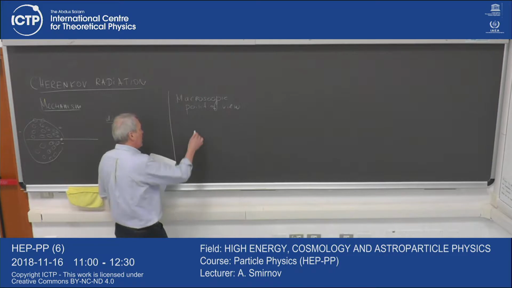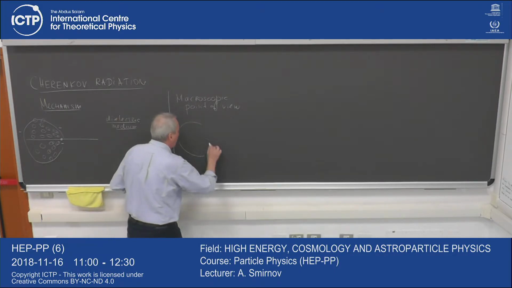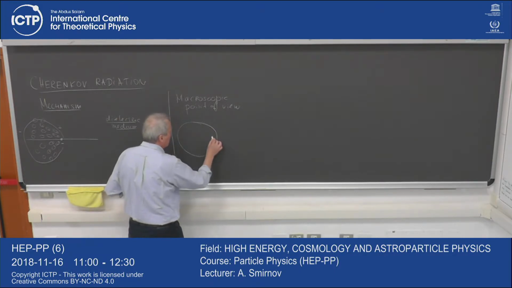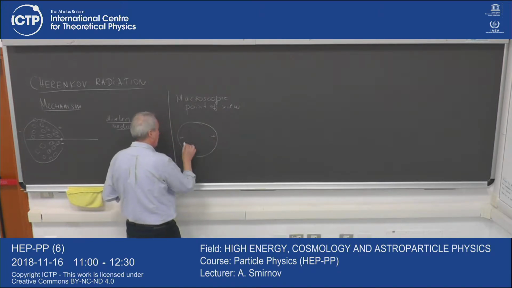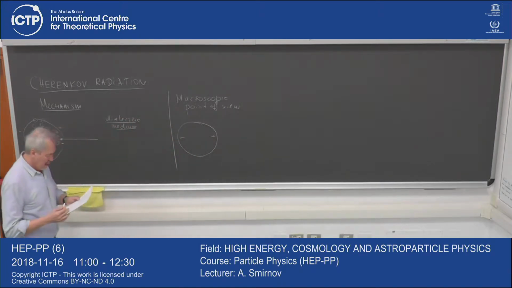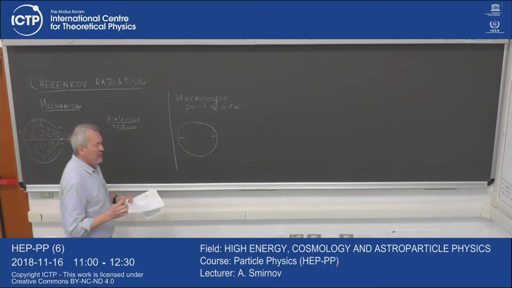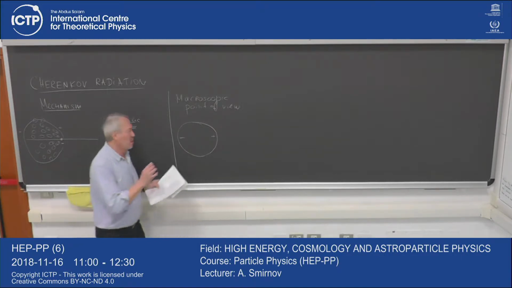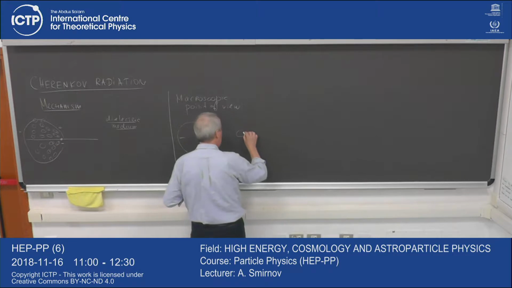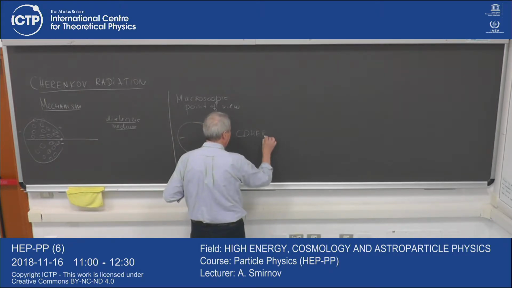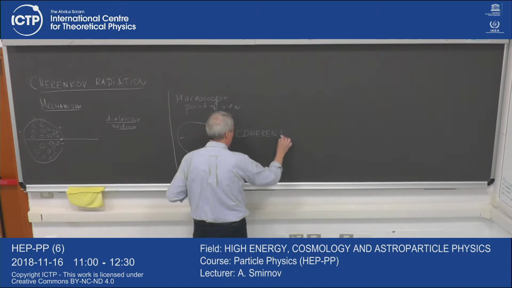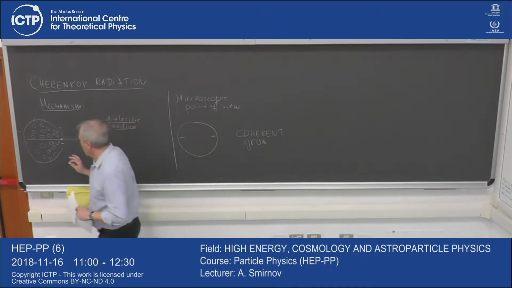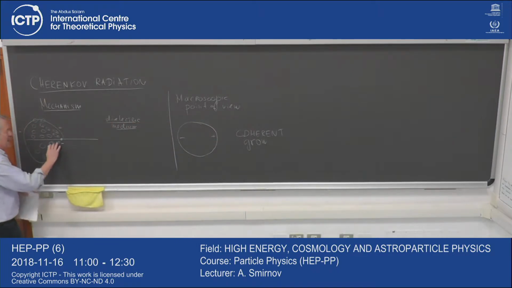So from this macroscopic point of view, what is formed is this dipole, which then emits light. And what happens is coherent growth of this dipole, so that this polarization occurs in a synchronized way.